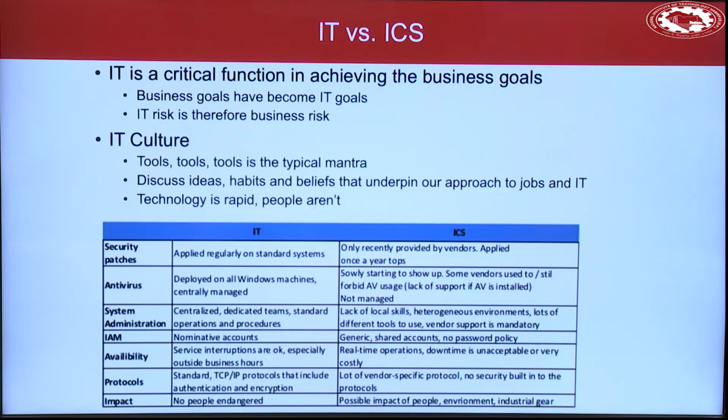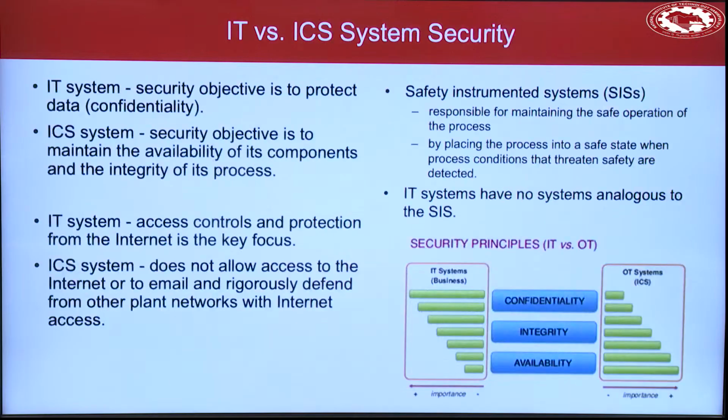It might destroy your devices. It might lead to a fire. It might lead to a flood, depending on what applications we are talking about. So it might have life-threatening scenarios, and that's where ICS systems are more sensitive to handle.